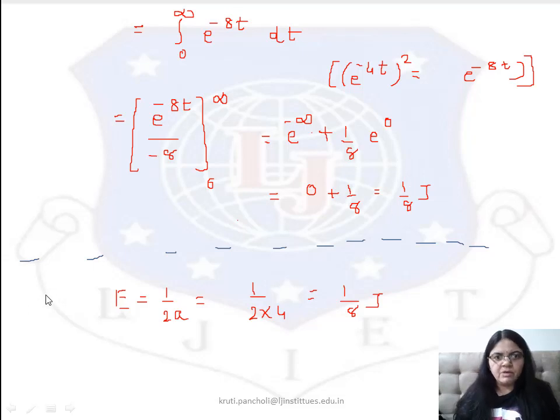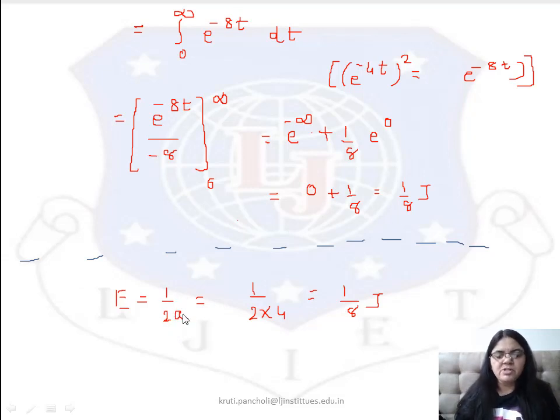Now again, we know that whenever the function e raised to minus at u(t) is there, it is an energy signal, and the energy of such a signal is always 1 upon 2a.